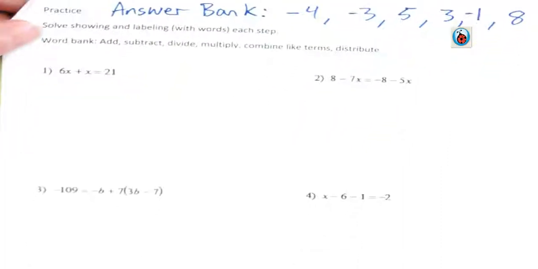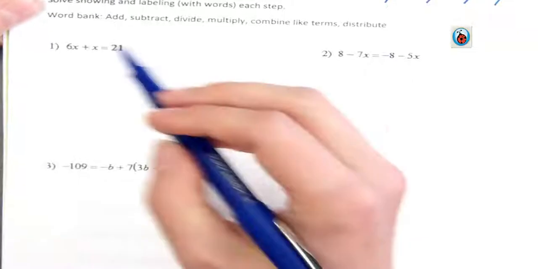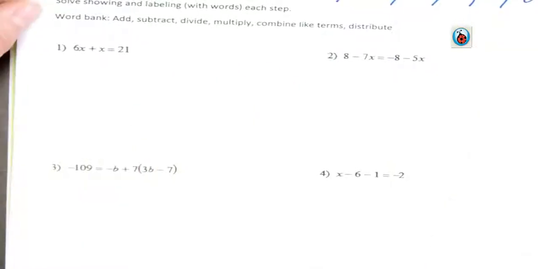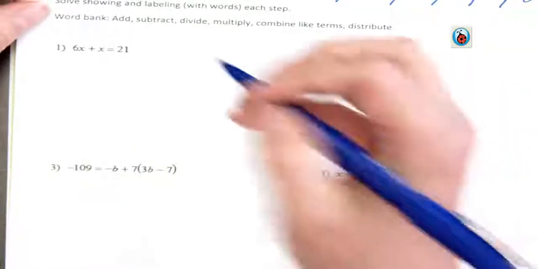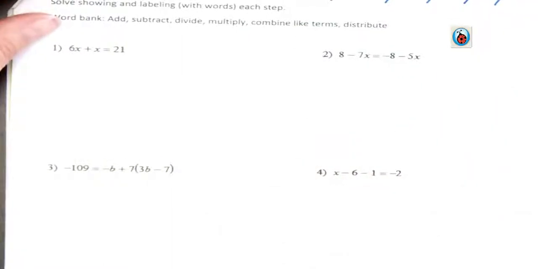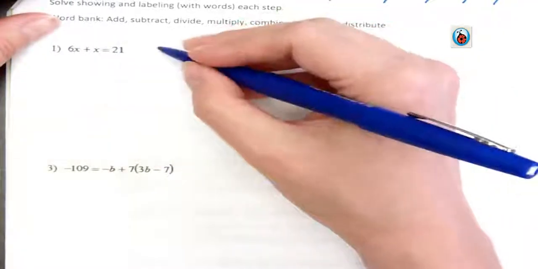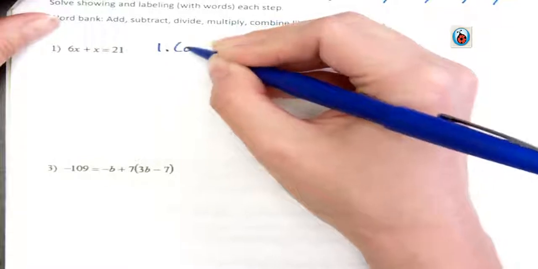Okay, so hopefully you followed directions, paused, and attempted these on your own. I'm going to give you the answers, and I'll work out a few of the harder ones in case you got mixed up. So this one, our words should have been combine like terms.